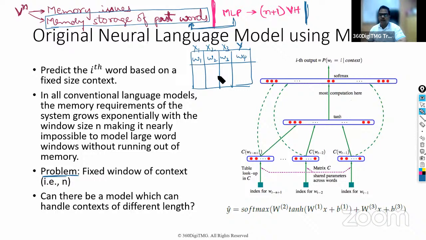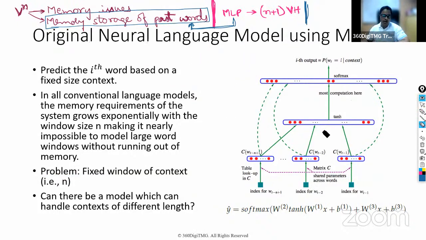Hence, what you are expected to do is come up with a new algorithm, a new neural network architecture, which solves these problems. So I'll also write down another problem: the fixed window. Fixed window and not storing the previous words in memory are the 2 problems which MLP has. So we need to fix these issues now.